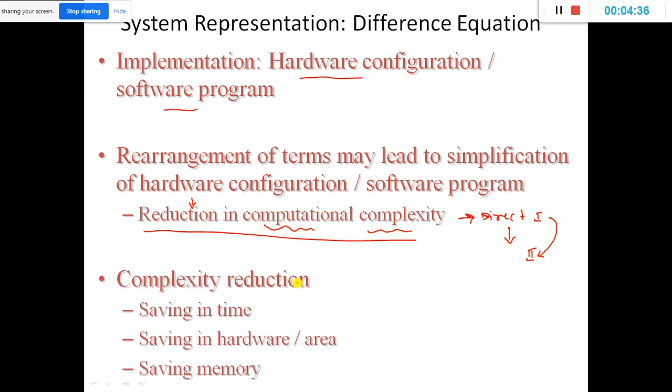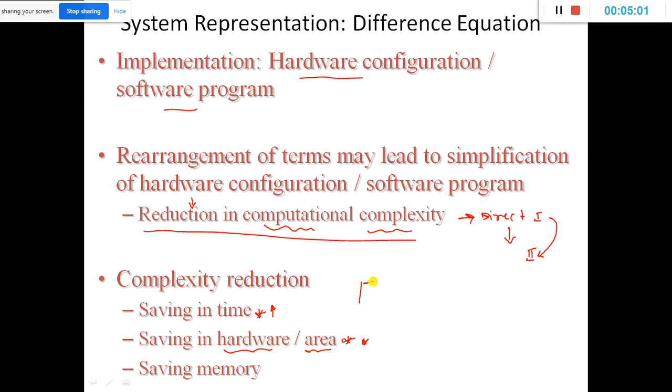So why does complexity have to be reduced? One main important point is this: I need to save my hardware, which in turn saves my chip area, VLSI chip area. When I try to reduce my hardware, obviously I am trying to increase my speed.